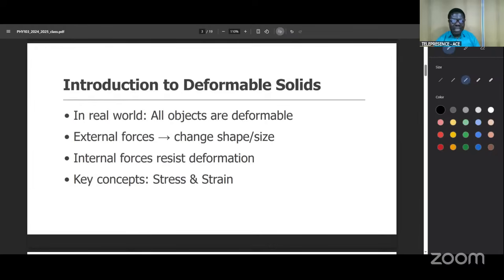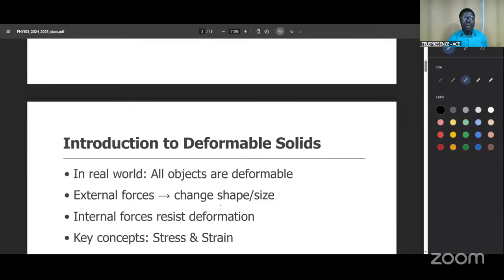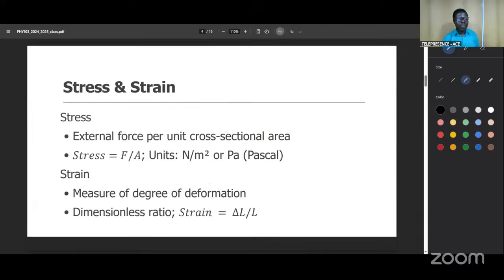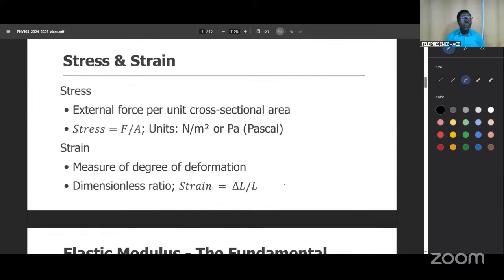So this is strain. Strain is change in dimension over the original dimension.